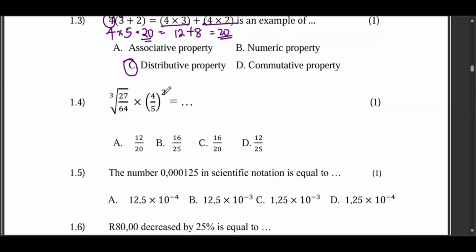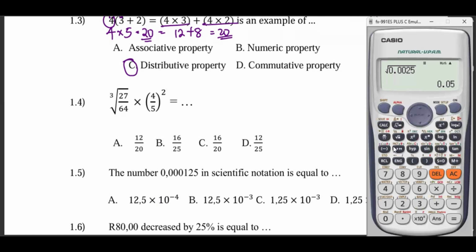1.4, we shall pull out our calculator again, because I'm using a calculator because it's 1 mark. So what does it want us to do?